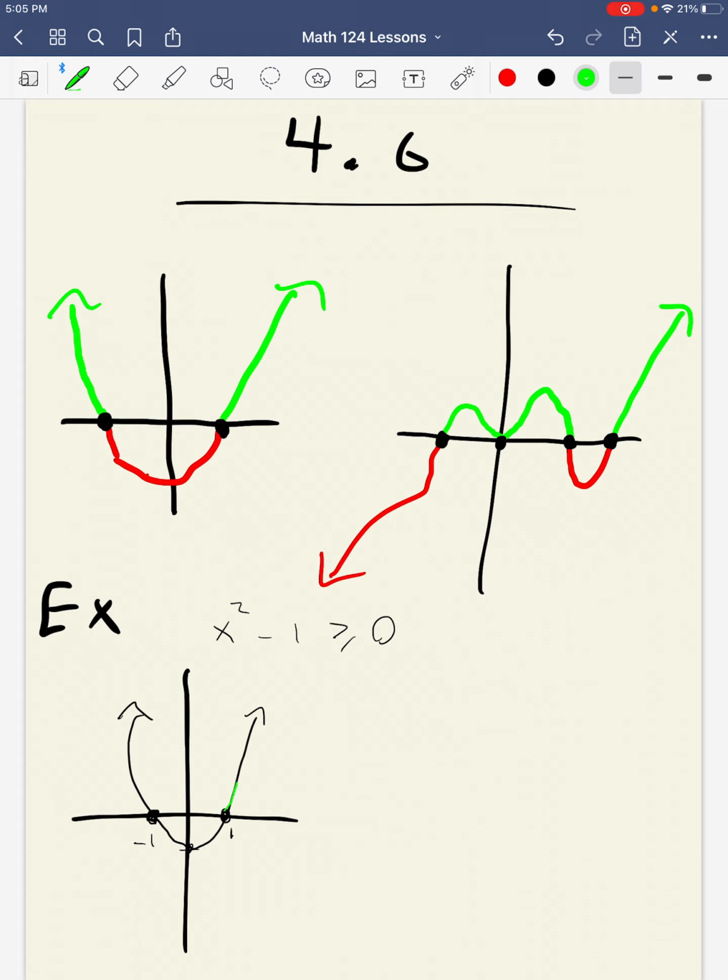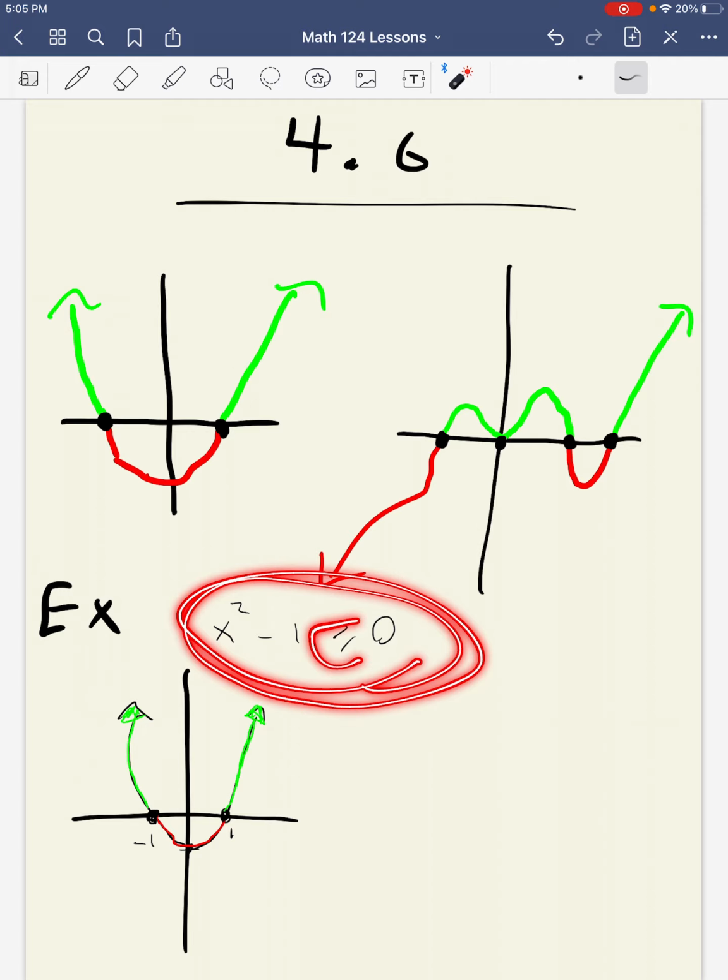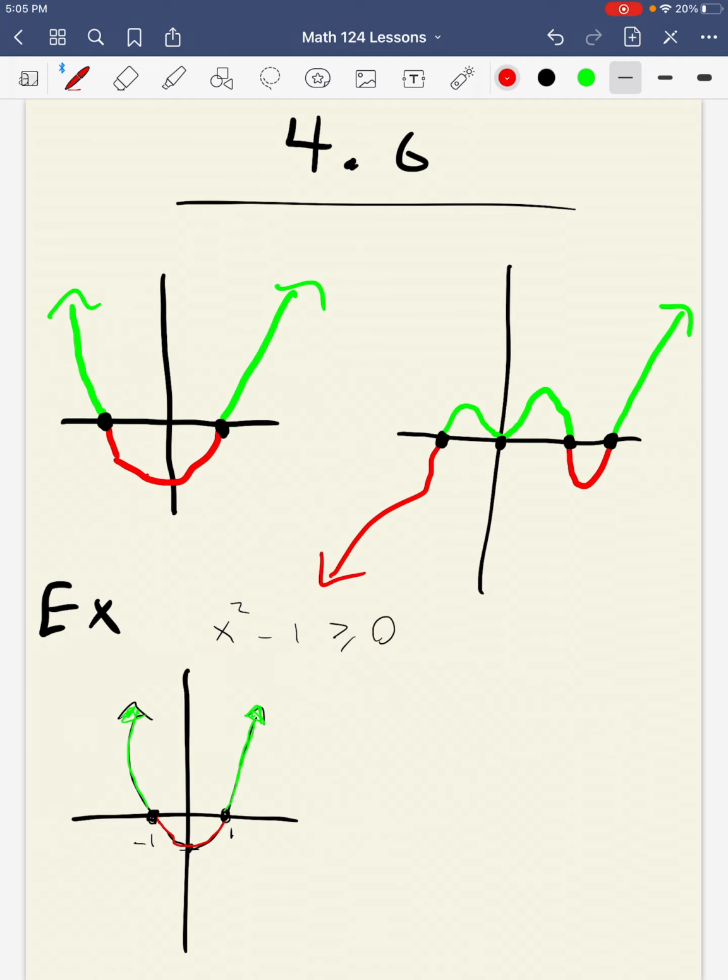And as you can see, the outputs are positive here, where I will put them in green, positive here. But for these red outputs, the value is negative. And we were interested in when the output of the entire thing was greater than or equal to 0. And as you can see from this graph, that's when you plug in either negative infinity, open parenthesis, negative infinity to negative 1, or plug in numbers from 1 to infinity.